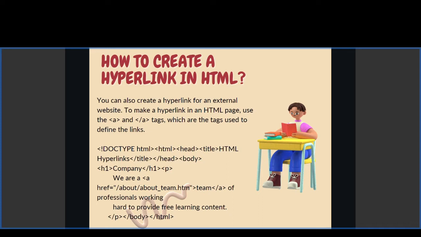Or we can pass a hyperlink to a different website, and there are also attributes where we want to open a website in a new tab, or even a new browser window. So those are where we can configure this anchor tag.